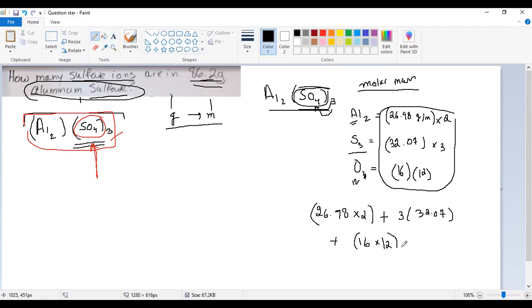You would come across a number of 342.17 grams per mole.